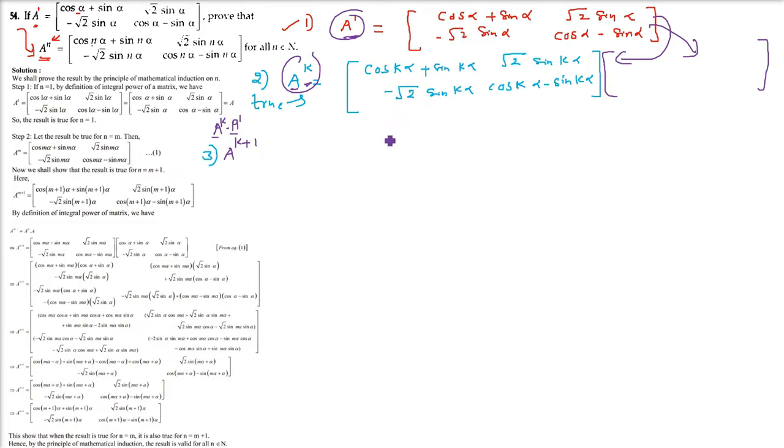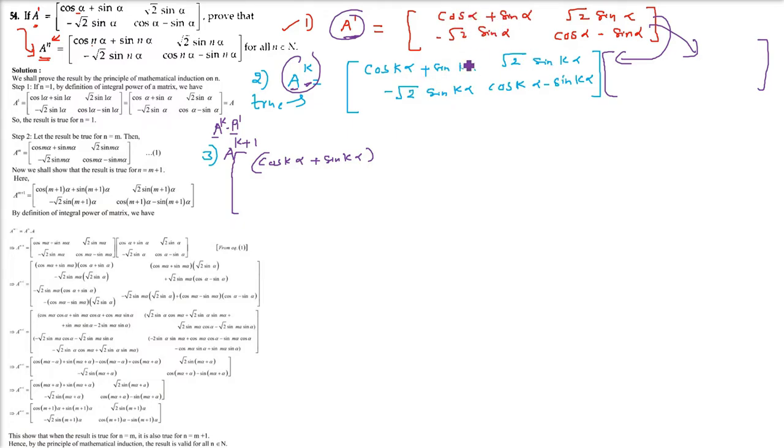First, the first row of A raised k and the first column of A raised 1. Cos k alpha plus sin k alpha multiplied by cos alpha plus sin alpha.